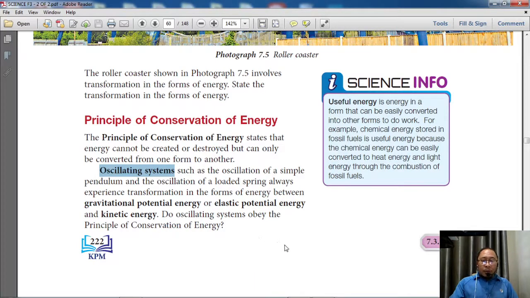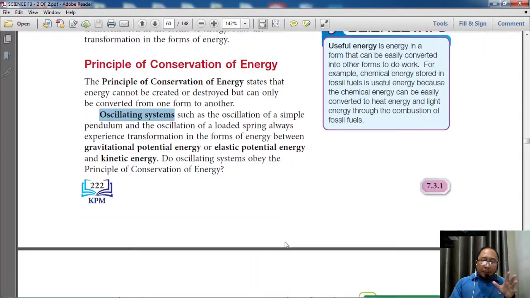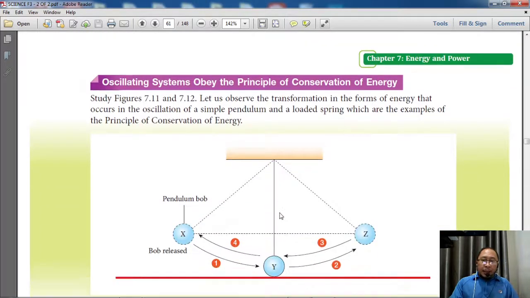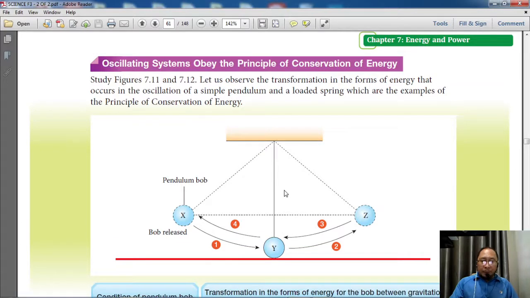From this situation, we can explain how energy can be transformed from one type to another based on the situation. For example, in the oscillation system of this pendulum.